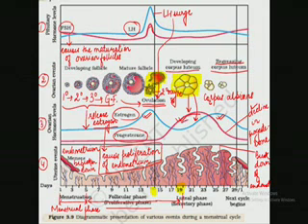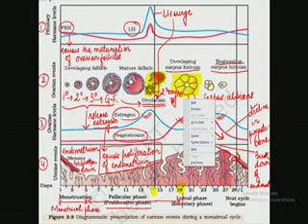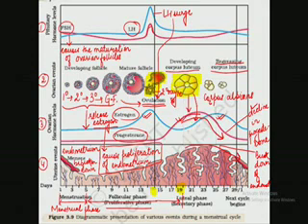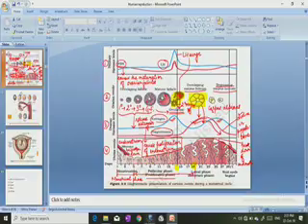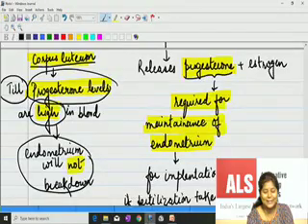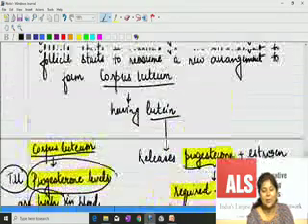I'm just marking it over here. Can you see this? Progesterone level is declining. So if the progesterone level is declining, what is happening to the endometrium? Endometrium is also breaking down. Why? Because progesterone is required for maintenance of endometrium. If the progesterone is not there, the endometrium will also break down.